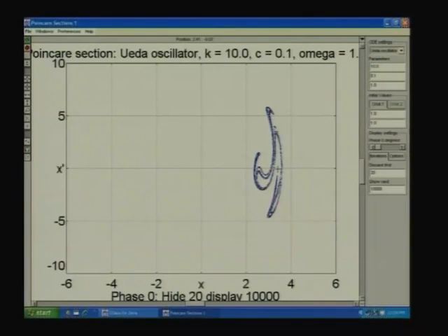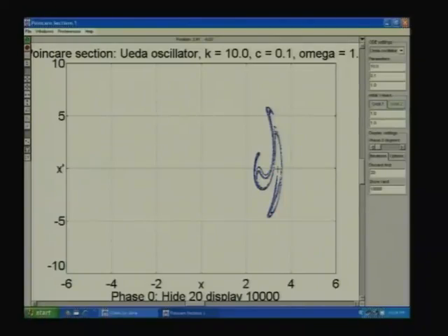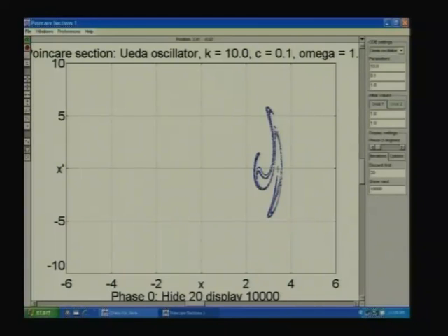So, it has pierced and then it has gone around and then pierced again, and all these piercings have been plotted, and that ultimately makes this picture. If a system were a periodic orbit, there will be a finite number of points, but since it is a chaotic orbit, it has an infinite number of points ultimately making up a picture.